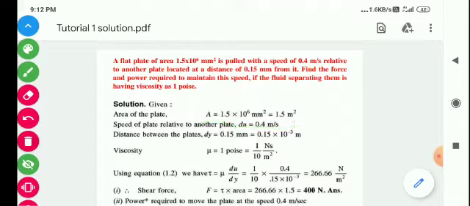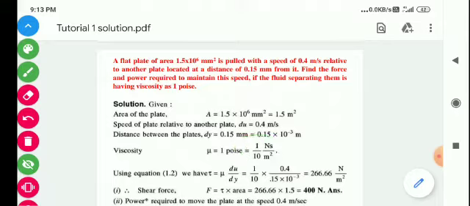Similarly, the velocity is given, du equal to 0.4. The distance between the plates is given 0.15 mm, converted into meter. And the viscosity is given 1 poise. So convert it into SI unit, then it will be equal to 1 by 10 Newton second per meter square.